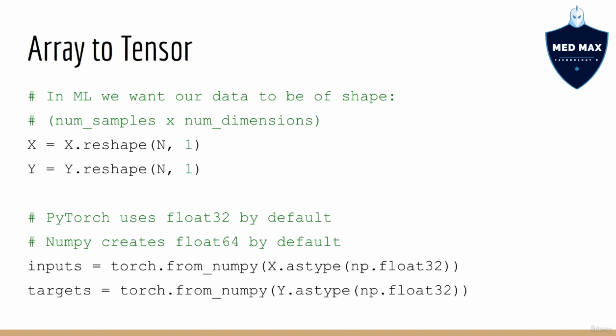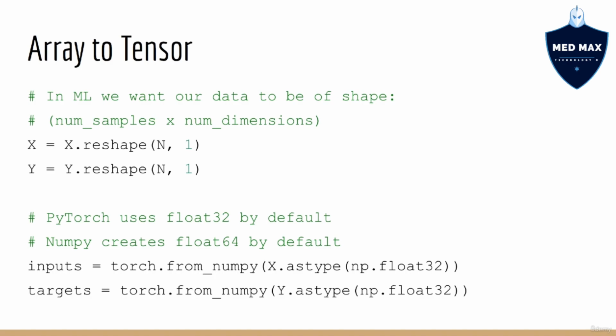First, we're going to reshape x and y to be n by 1 instead of just n. In machine learning, we typically assume that our data is two-dimensional, with the number of samples along the rows and the number of dimensions along the columns.